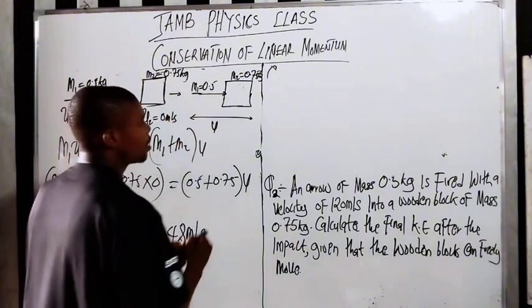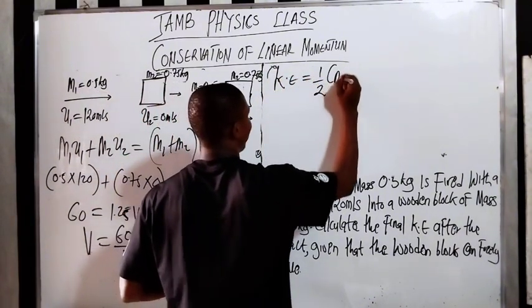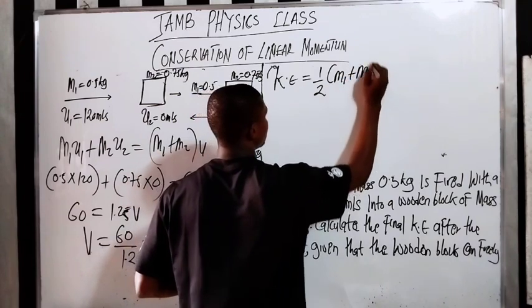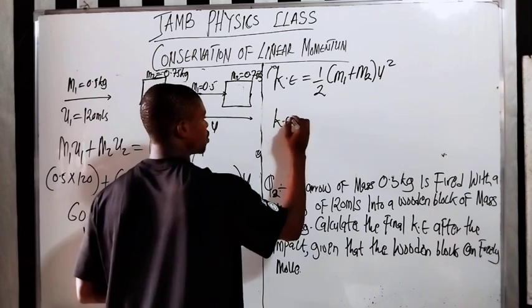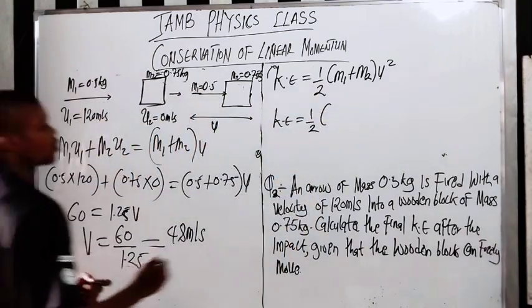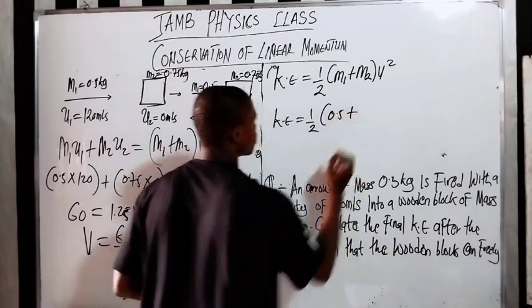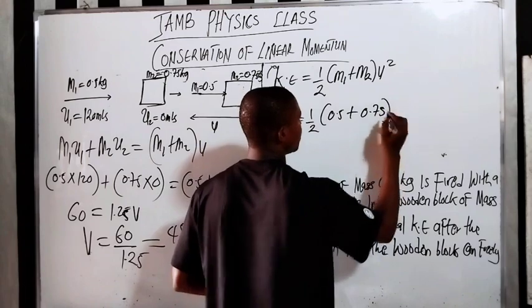Remember, kinetic energy equals half times m1 plus m2, times v squared. So what will the answer be here? It's going to be half, my m1 is 0.5 plus my m2 is 0.75, times v squared.